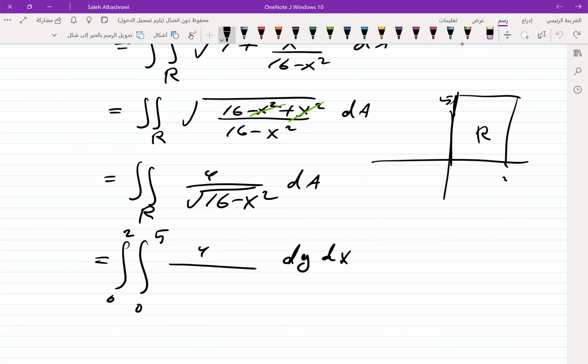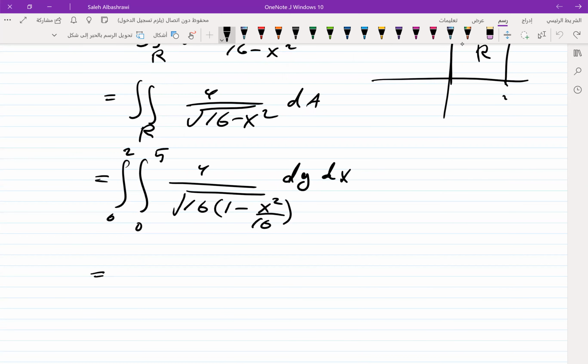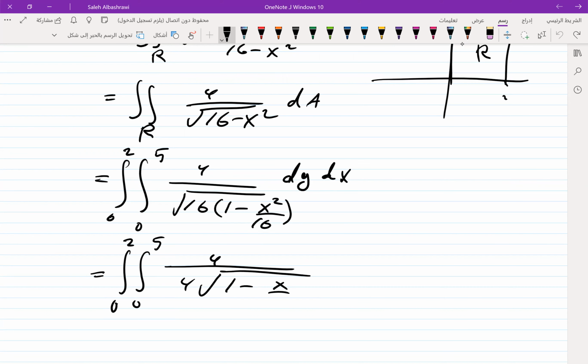I have 4, and for the square root, 16 times 1 minus x squared over 16. The square root of 16 is 4, take it out as 4. I will have 1 minus x over 4 to the power 2, dx.